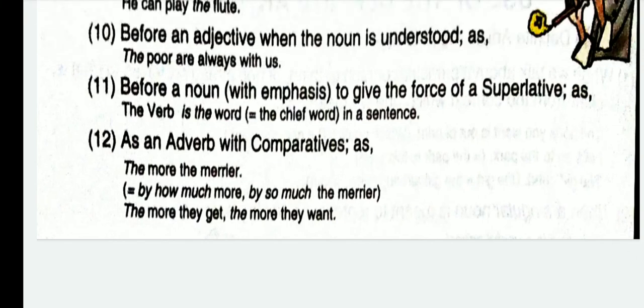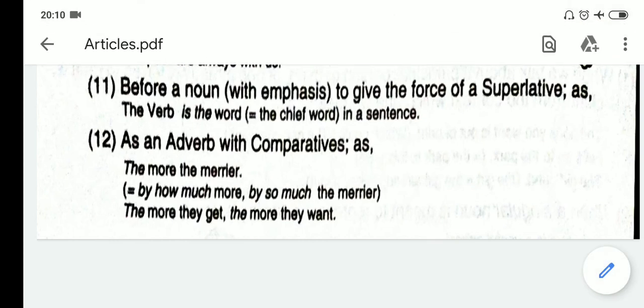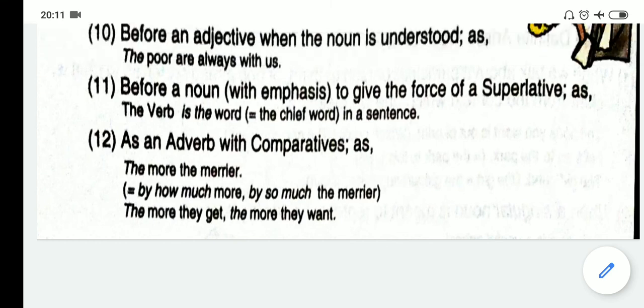The most important word. The verb is the word. It means we are giving some superlative force to the noun word. Although we are not using any superlative degree, we are not saying that the verb is the chief word. We are not using any degree with that noun, but we are using article to give the force of a superlative to this noun. Verb is the word.